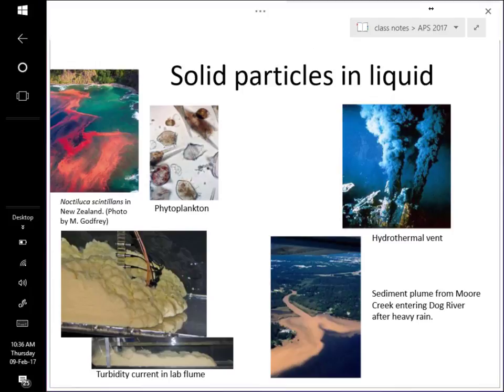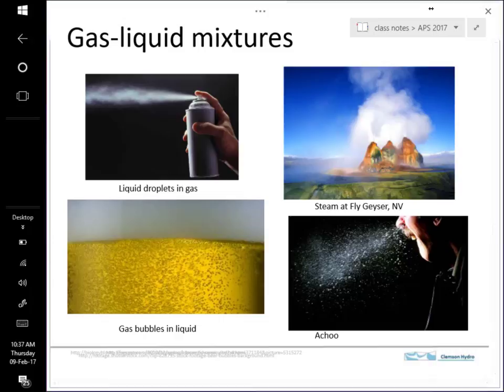These all look like solid particles in liquids, from hydrothermal vents to density currents flowing in fluids, so a slurry flowing in a body of water, or masses of algae. So that was solid and liquid.